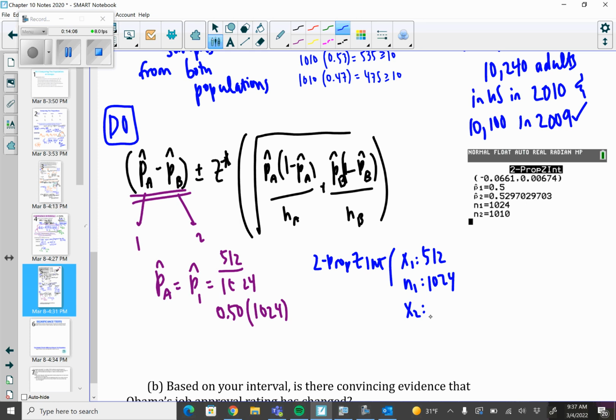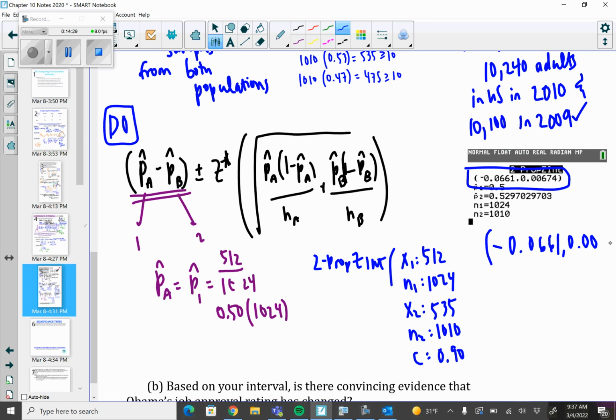X2 was 535, and N2 was 1010. And our confidence level is 0.90, to give us this nice little interval: negative 0.0661 to positive 0.0067. State, plan, do, and last but not least, our conclude.